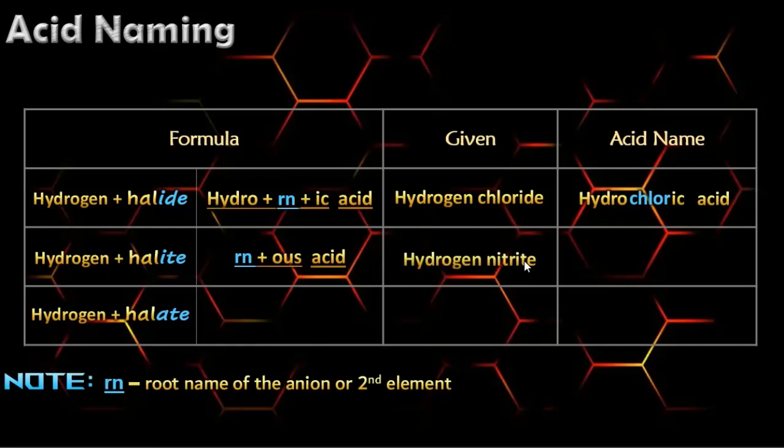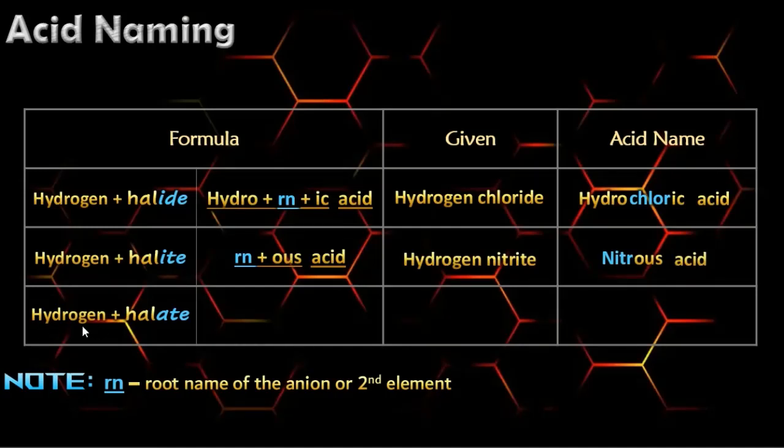Hydrogen nitrite. What is the acid name? Let's use the formula. First is the root name of our anion, which is nitrite, so that is nitr, plus OUS, nitrous, and the second word of our acid name is acid. So the answer is nitrous acid.